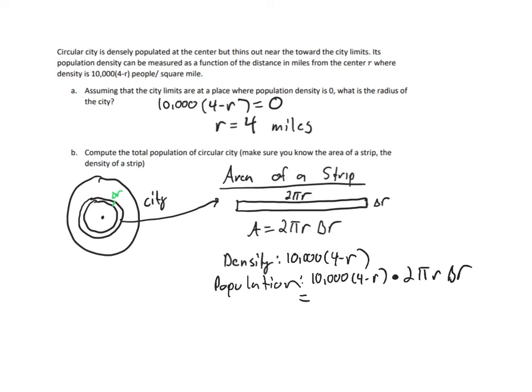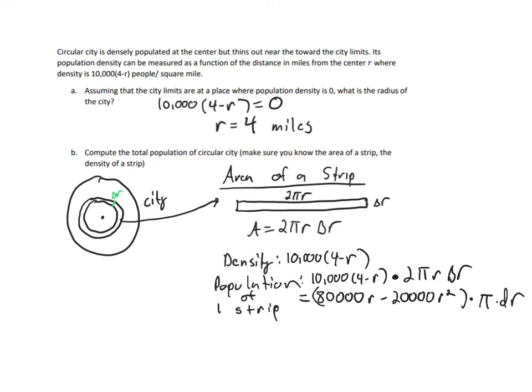And if I wanted to simplify that population for just one strip, you would get 80,000 r minus 20,000 r squared times pi times delta r. And all I'm doing there is I'm just simplifying that. That is our population of one strip.